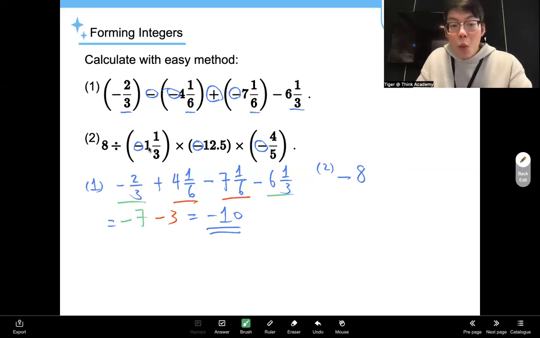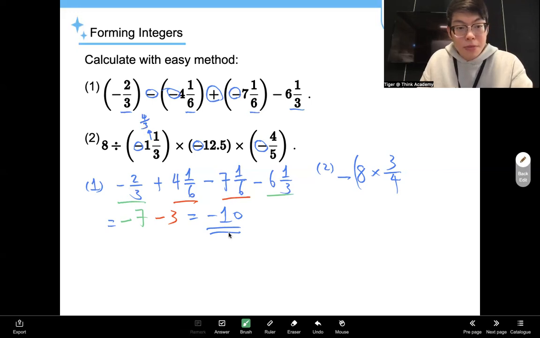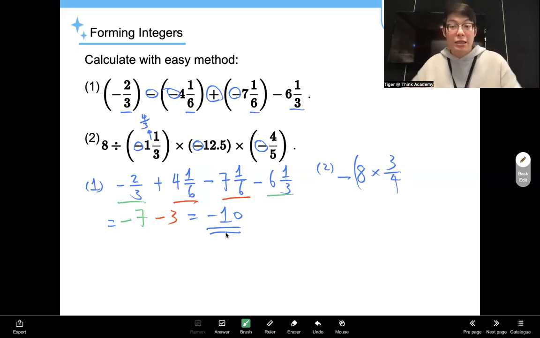Well, dividing 1 1/3 would be equivalent to multiplying 3/4, right? Because 1 1/3 can be written as 4/3. So dividing it means that I need to topple it around, taking the reciprocal of it and multiplying it, right?